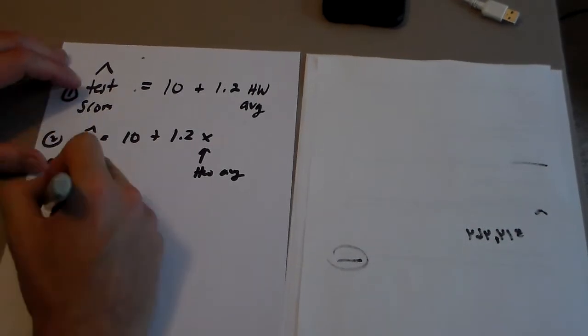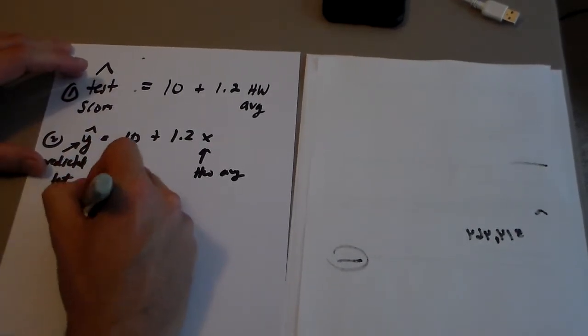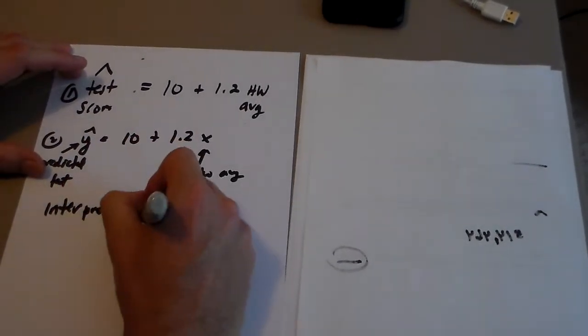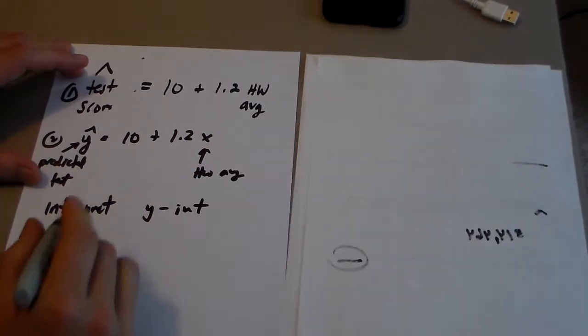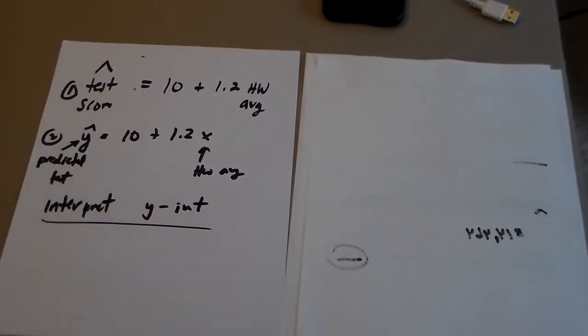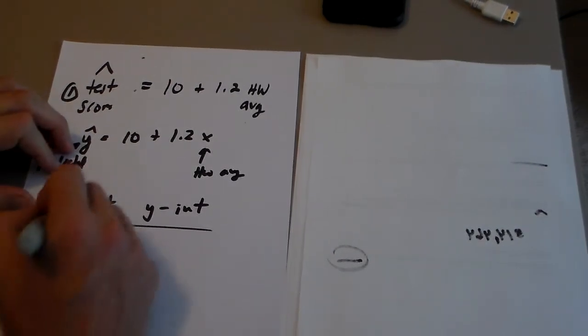So let's do this. Let's interpret the y-intercept. Well, in math, you guys probably remember from Algebra 1 or maybe Algebra 2 or whatever, that when you want to find the y-intercept, you plug a 0 in for x. So that's what you do to interpret the y-intercept.